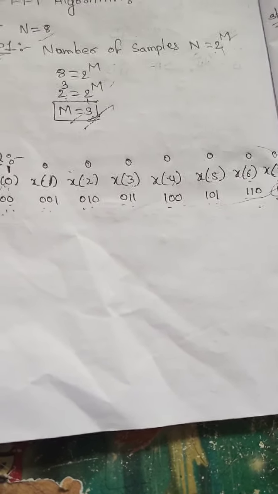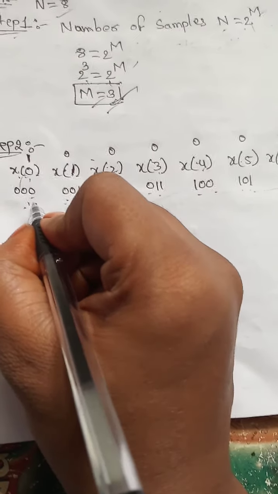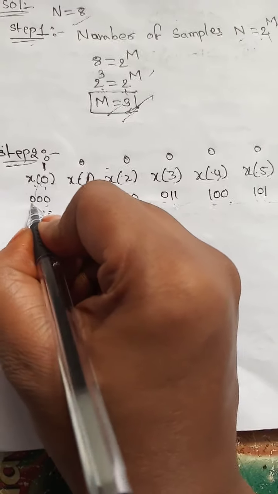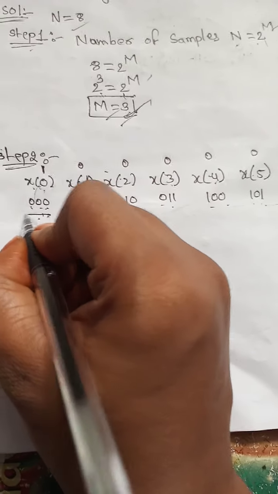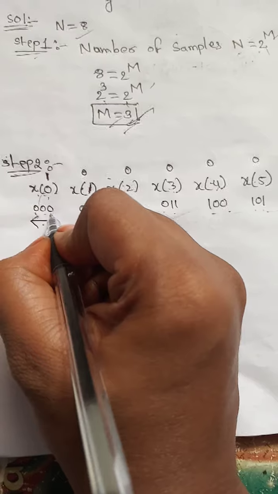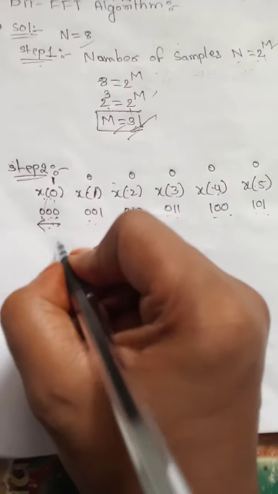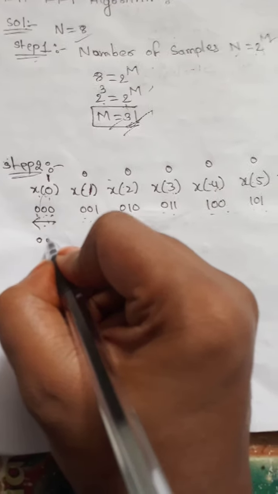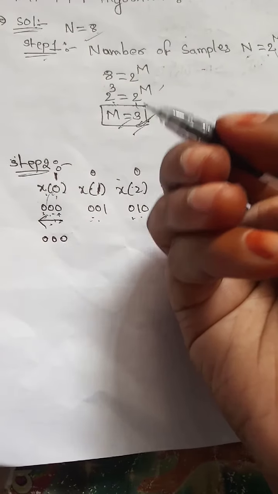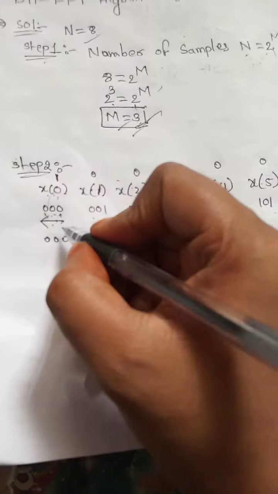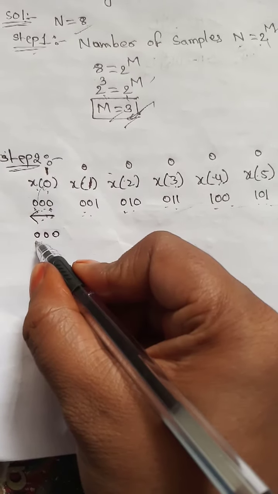Our second step is that it must be in bit reversal order. How do we write it in reversal order? Take the binary. 0 is written as 000, and reversed it is 000, the same form.